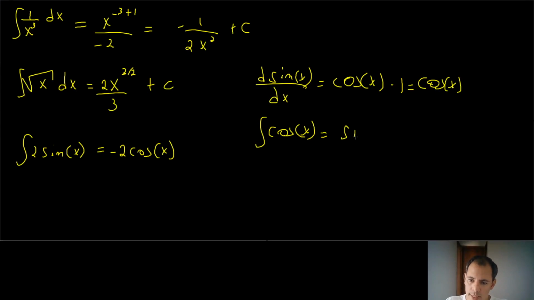So it's going to be sine of x divided by the derivative of the inner function, which is 1, which equals sine of x plus c. And here you've got minus 2 cosine of x, the same thing: divided by the derivative of the inner function, which is just 1, so I'll leave it, plus c.